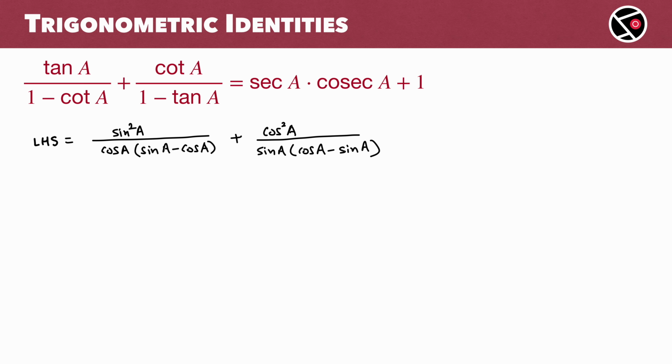Look at the denominators. We have sin A minus cos A in the first term and cos A minus sin A in the second. We continue with the first term as it is.